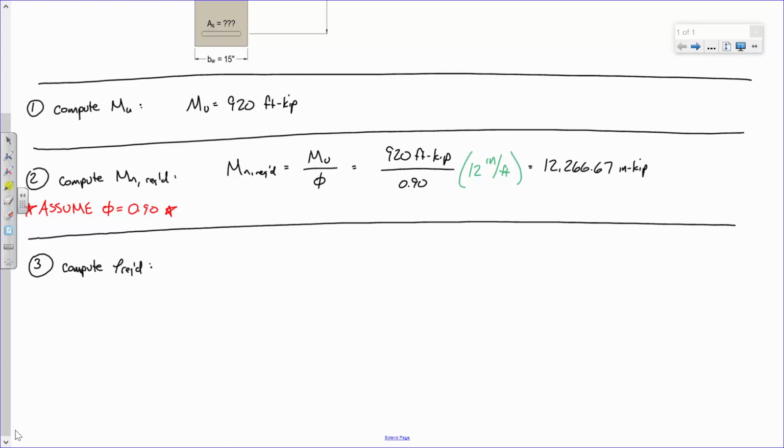And in order to do that, we assume it's rectangular. But then we take that rho value and we plug it in to determine a to see whether or not that assumption is accurate. So we compute it, but then we immediately check it.